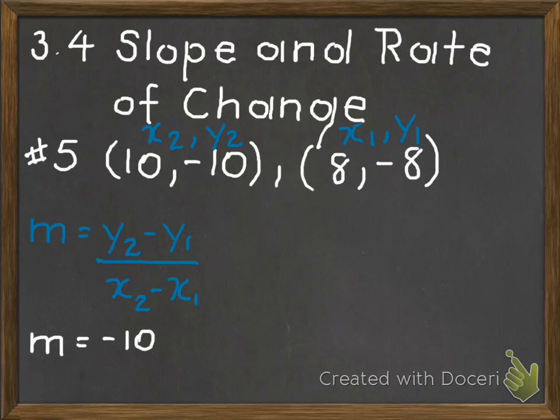The y sub 1 is minus 8, but be careful, there's a minus in the formula and there's a minus on the coordinate, minus 8, over x sub 2, which is 10, minus x sub 1, which is 8.